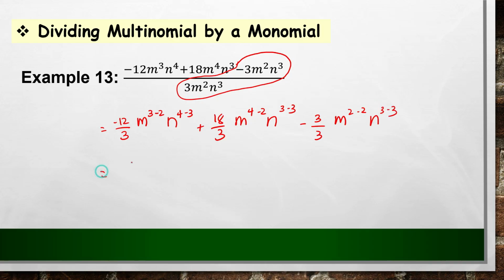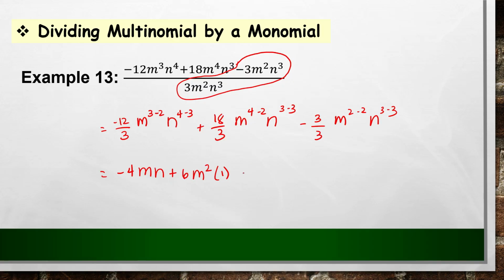Let's simplify everything. Negative 12 over 3 is negative 4 m. 3 minus 2 is 1. 4 minus 3 is 1. So that's negative 4mn plus 6. 18 divided by 3 is 6. m raised to 2, 4 minus 2 is 2. 3 minus 3 is 0, and n raised to 0 is equal to 1.